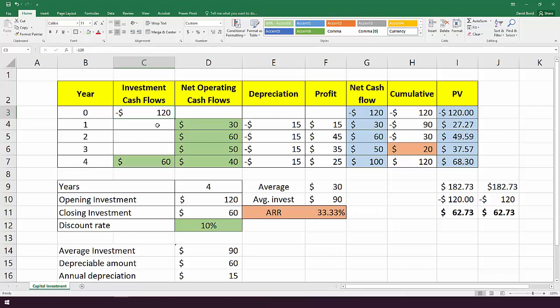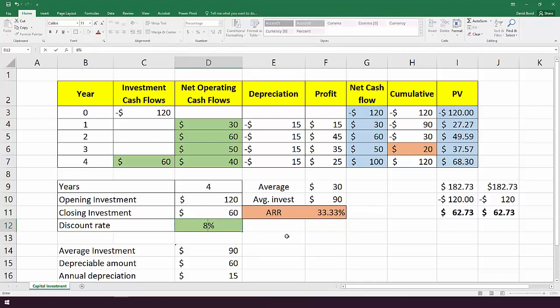How much you're going to be able to receive for selling it down the track is likely subjective and is based on estimation. What your net operating cash flows are going to be, what you think you're going to bring in over the life of the project, again, is an estimation. So there's a risk there that these cash flows aren't what you expected. And the discount rate you're using is generally going to be a company or an organizational based discount rate. And that again is subject to change.